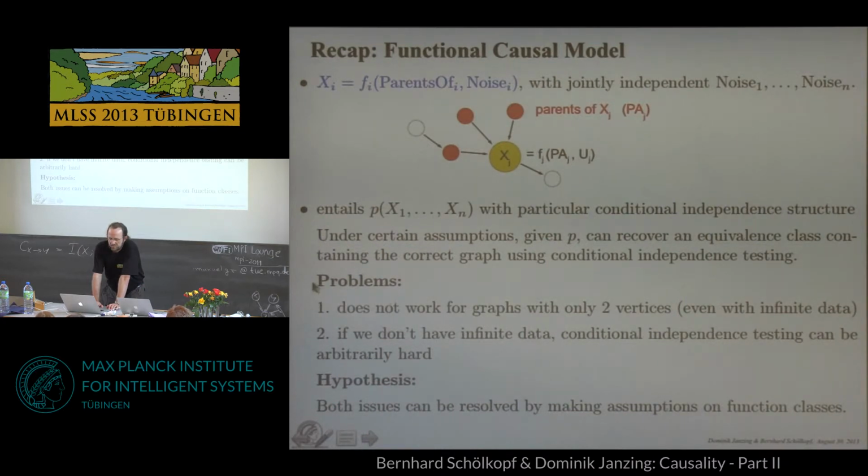Now, one problem of this is that this does not work at all for graphs with only two vertices, because if we have only two variables, there's nothing to condition on. So we cannot make a non-trivial conditional statement because it would involve three variables. So the Markov equivalence class will just contain both possible graphs, no matter what causes what, if we assume that there is a causal link between two vertices.